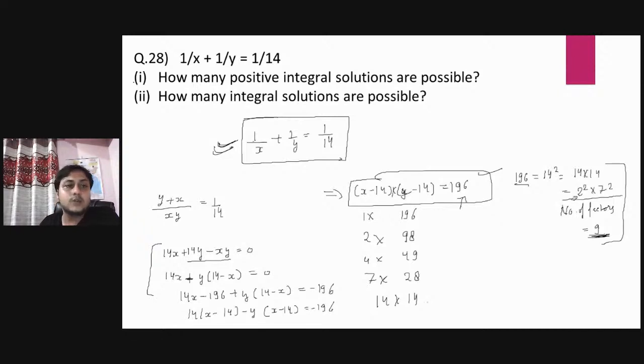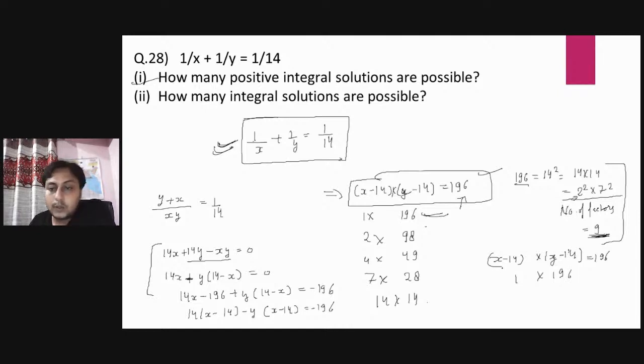So guys, the first question is you have to find the positive integral solutions. So first choose this one, 1 into 196. Let's say x minus 14 into y minus 14 equals to 196. Take this one, 1 into 196, right?